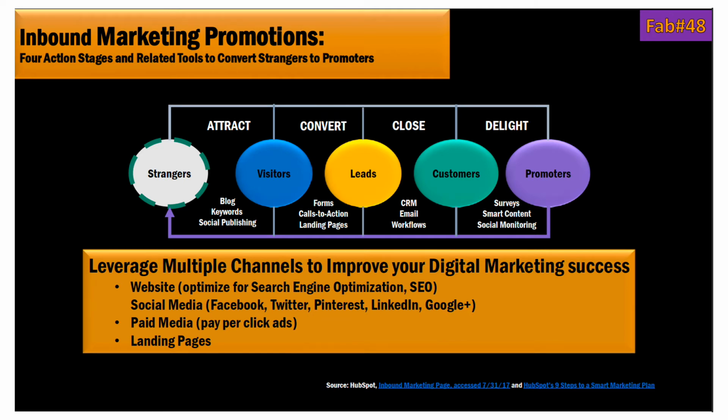So you can use paid media, so pay-per-click ads, or you can do paid social media advertising, which again, you could definitely see the embedding of call to action and forms, which converts visitors to leads. And also landing pages, again, just provides that additional insight that they're looking for.